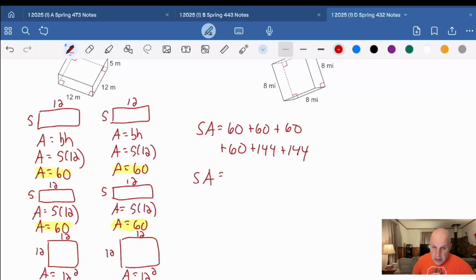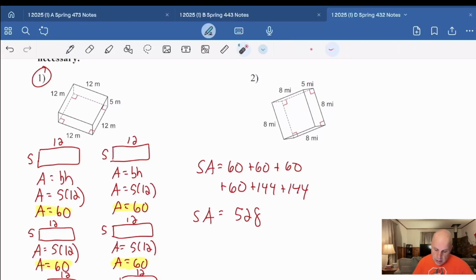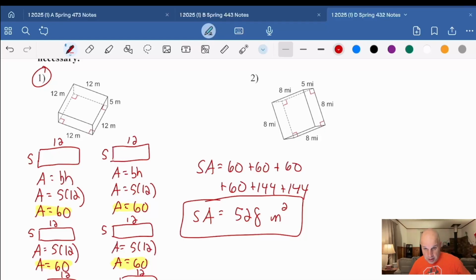And when we type that all into your calculator, it comes out to be 528. Now, be careful. Remember, we're talking about a surface area. We're talking about an area that's two-dimensional. So my units are going to be meters squared. So the final answer for problem number 1 is 528 meters squared.